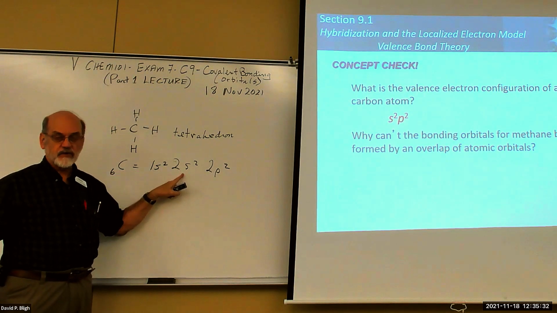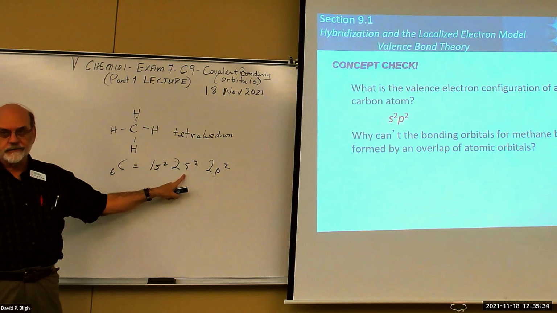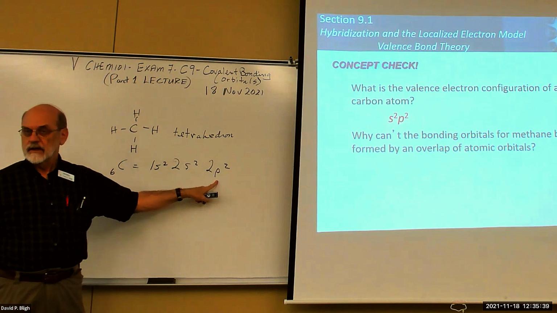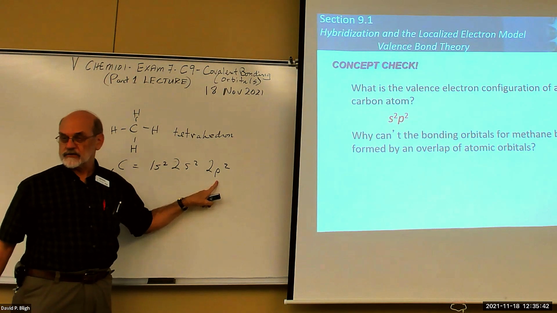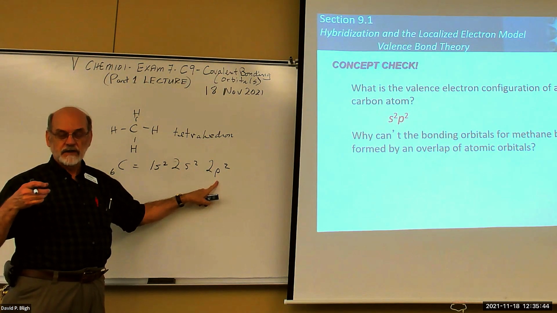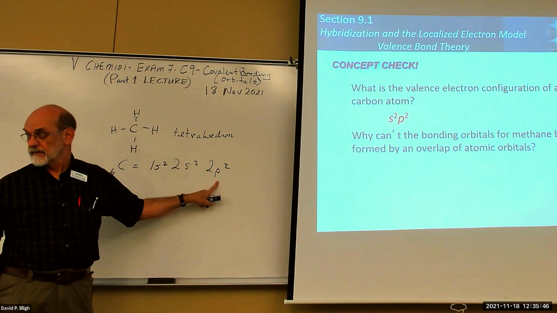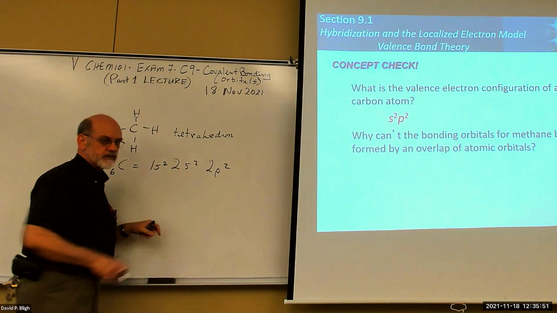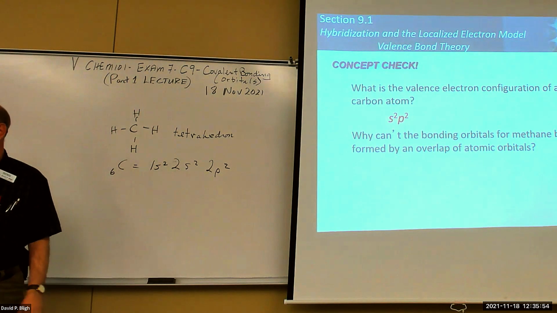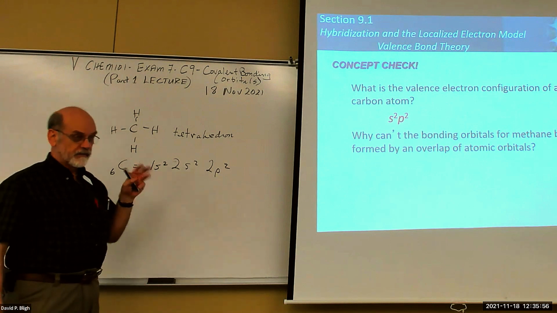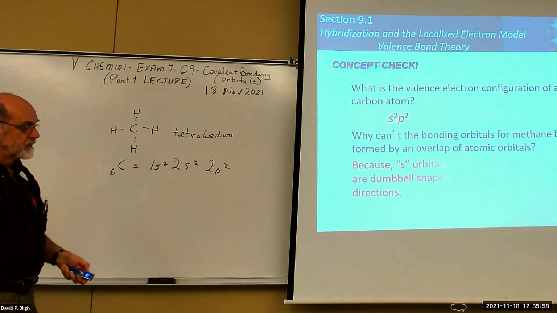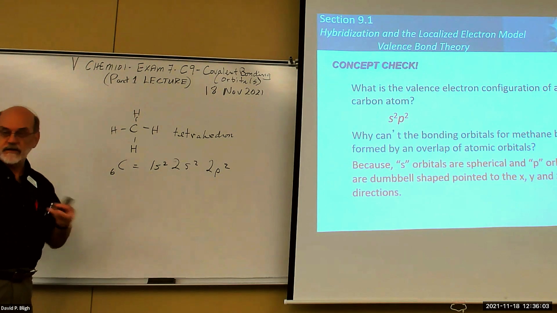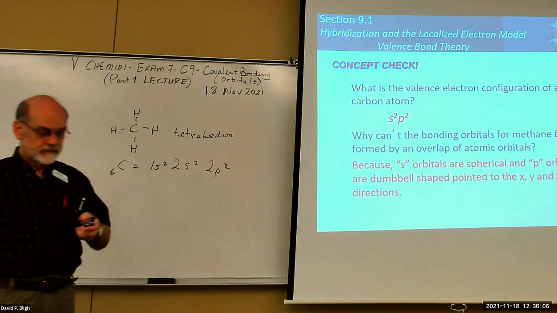These 2 orbitals are spherical, right? So the overlap could occur anywhere. These p orbitals are dumbbells, and they point off in 3 different directions corresponding to the x, y, and z axes. So if you overlap these 2 with 2 hydrogens and these 2 with the other 2 hydrogens, you do not get a symmetrical molecule. So that's one of the places that the valence bond theory and the models that come from it fail.